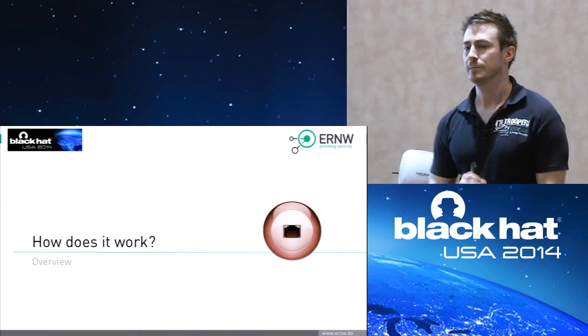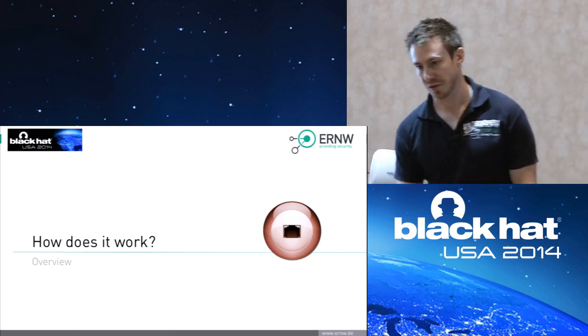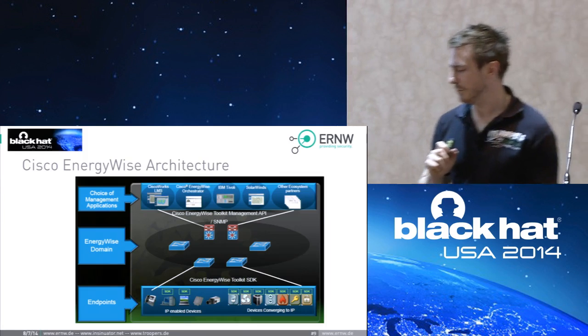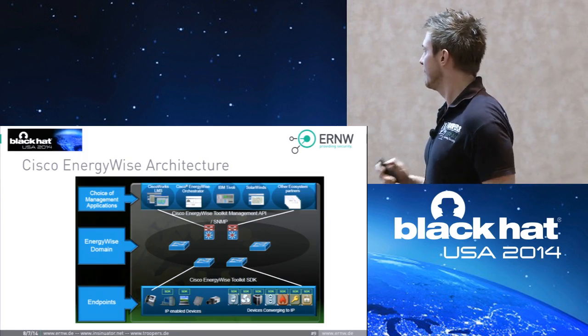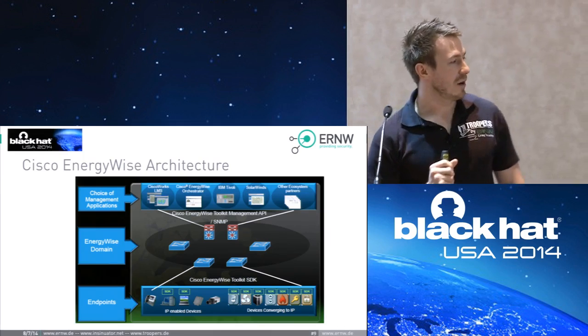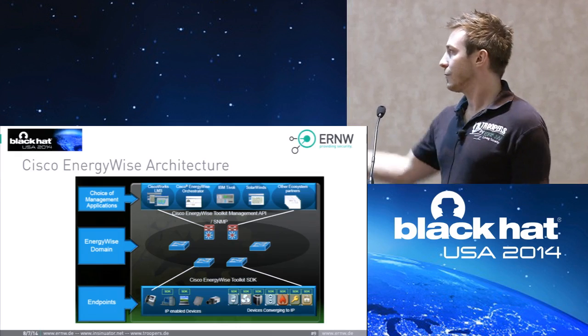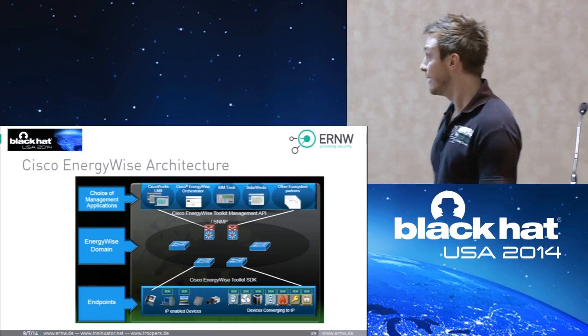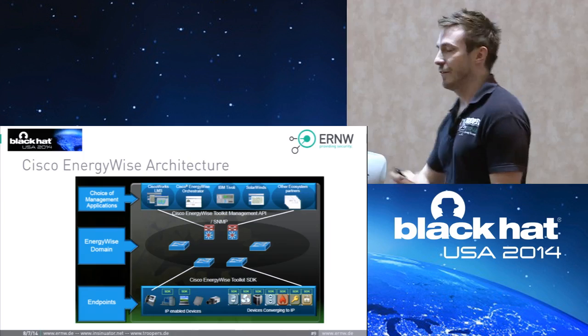Now we will have a look at the actual architecture and how it works. We have an official Cisco picture here, and I'm surprised you can see it that clearly due to the dark background. The most important thing I want to take away from that picture is that we have 3 different areas in here. I don't want to say layers because they aren't layers, but at the very bottom we have endpoints.